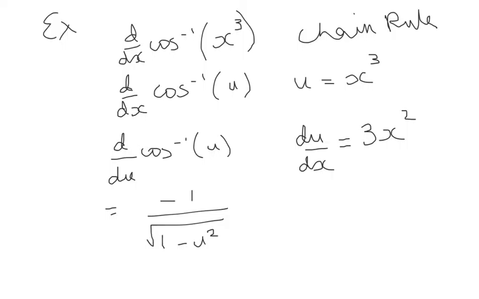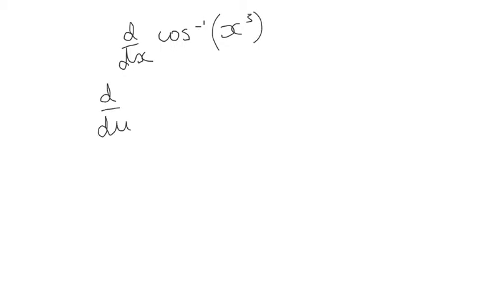Putting these parts together, the chain rule tells us that to do d dx of your function inside a function, you do d du of inverse cos u multiplied by du dx, which we've just worked out.